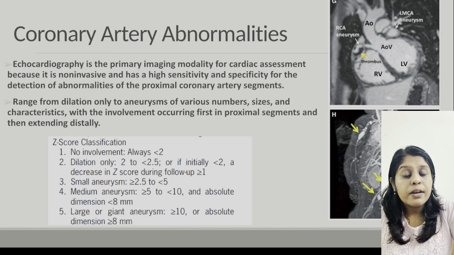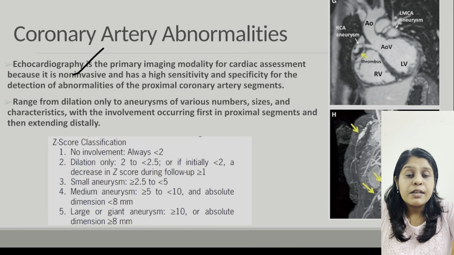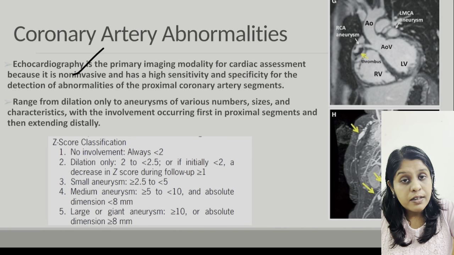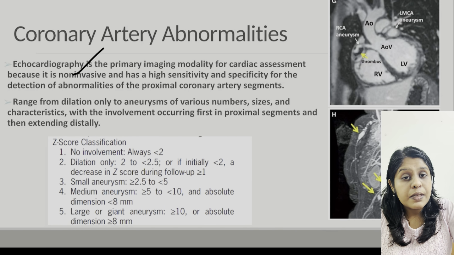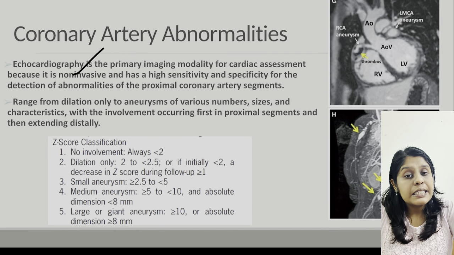So coming to the coronary artery abnormalities. You know that the direct complication in Kawasaki disease is involvement of the coronary arteries. So echo is the primary imaging modality for the cardiac assessment because it is non-invasive, highly sensitive and specific, and proximal coronary arteries have to be measured first, and echo can pick proximal coronary artery abnormalities easily.